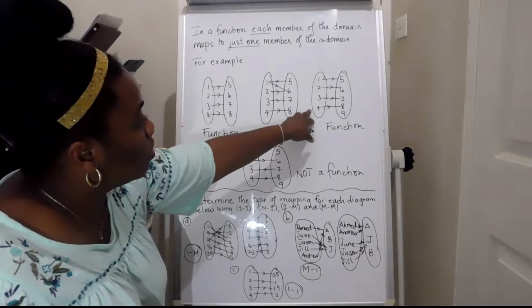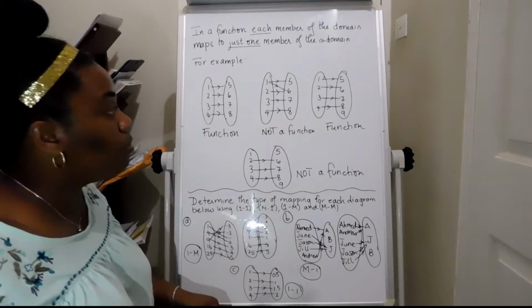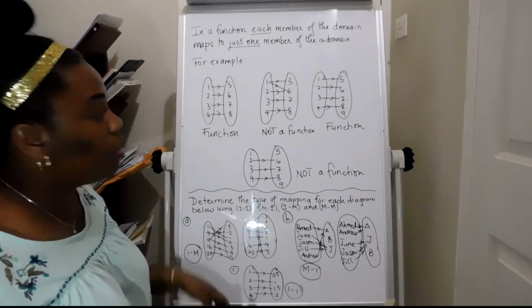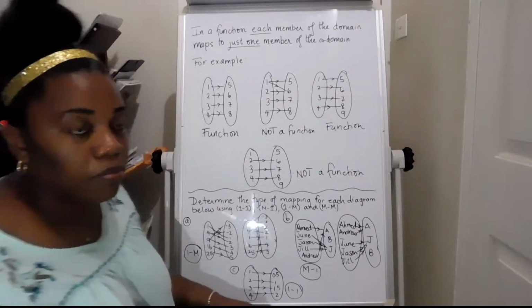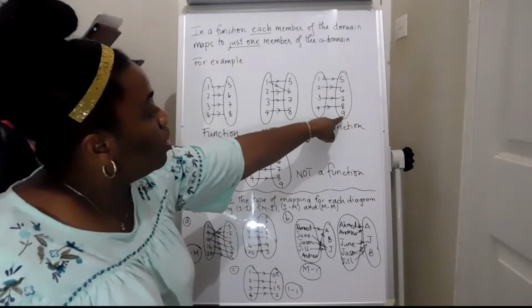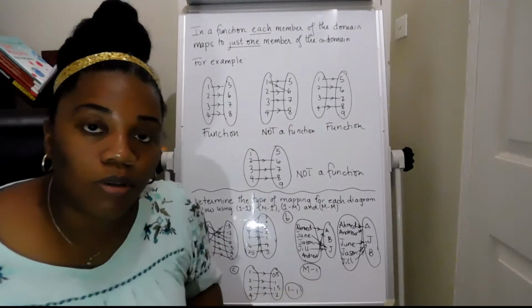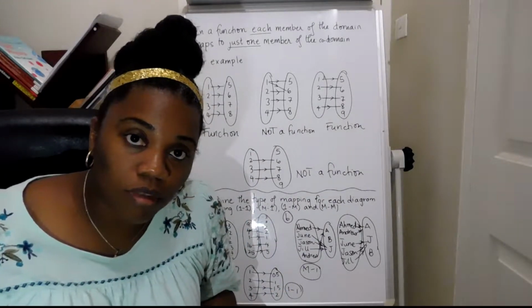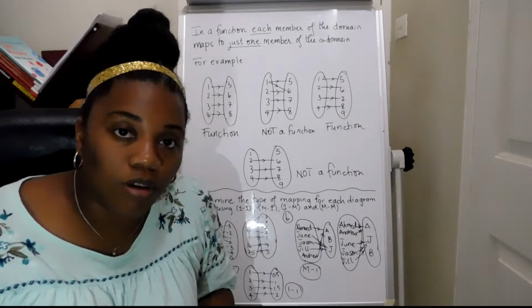This is a function because each of these elements is mapped to an image. They're not double dipped. There isn't more than one mapping from each element. Even though this one doesn't have a partner, it's okay, because all they really care about is the element. Once the element is mapped once, it is considered a function.